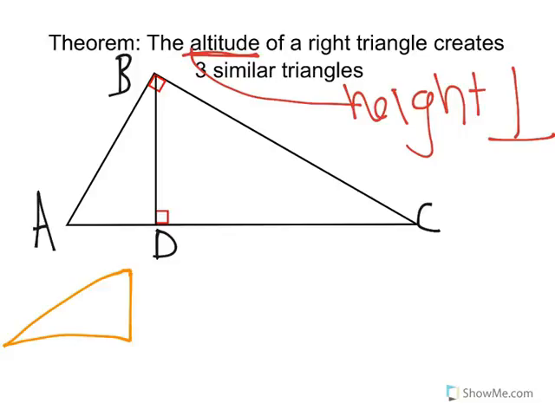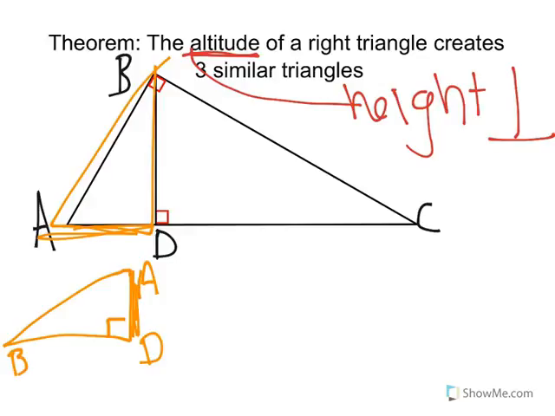So we're going to rotate them so that they're all facing the same way, like that. So that can be one of our triangles, and we can do this triangle. So if we have it facing that way, our right angle is here, and then that shorter side is going to be that shorter side in my picture, so that would be A, D, and then B would be over here.